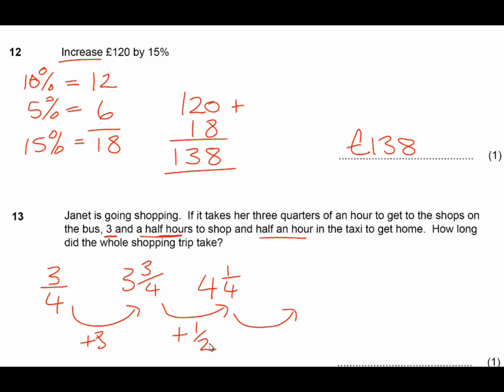So we have 1/4 and we're going to add a half. So if it was 4:15 and we had half an hour, then it would be 4:45. Okay, so how long will it take? It's 4 hours and 45 minutes.